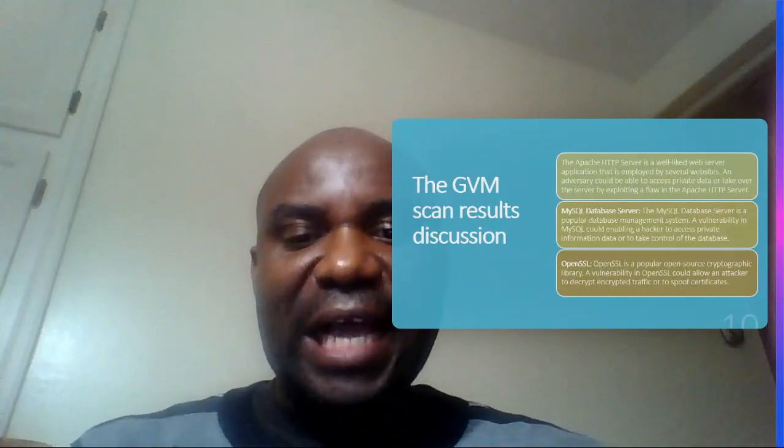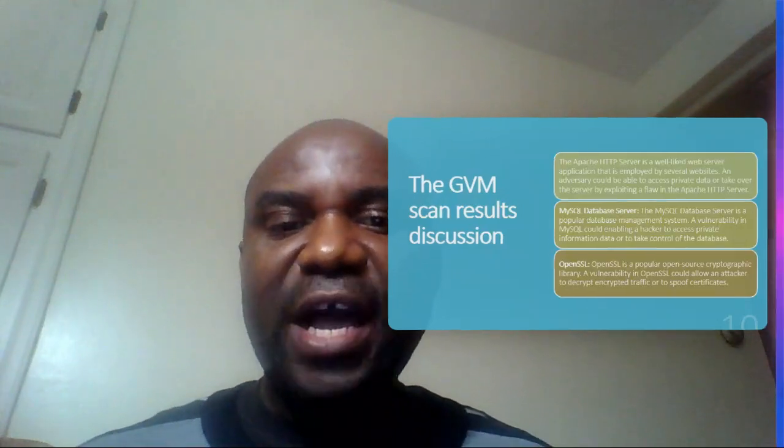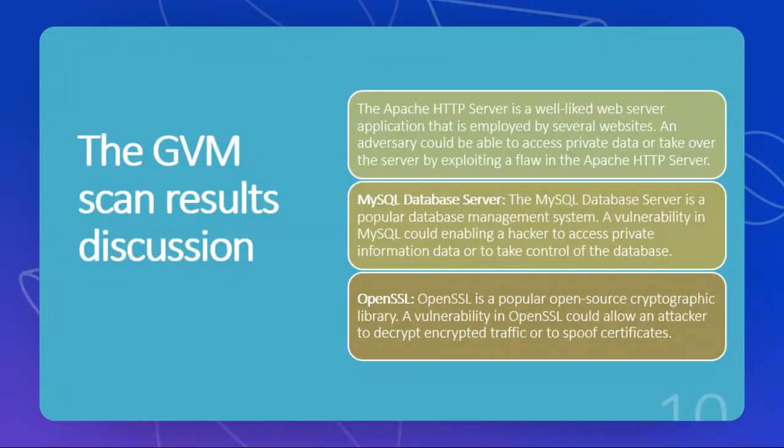Then looking at the GVM scan results discussion, basically we are going to look at what all this is about. The Apache HTTP server is a well-liked web server application that is employed by several websites. An adversary could be able to access private data or take over the server by exploiting a flaw in the Apache HTTP server.